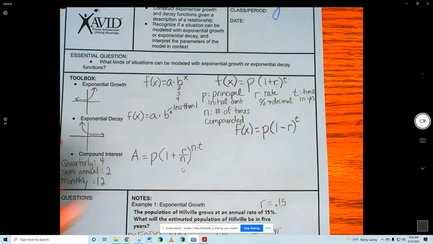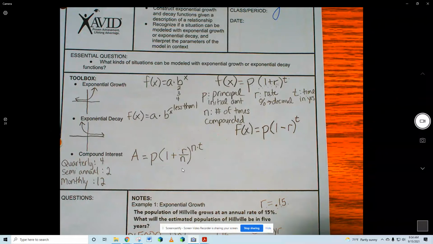So I'm subtracting decay. I'm subtracting. And that's going to be our formula for today.